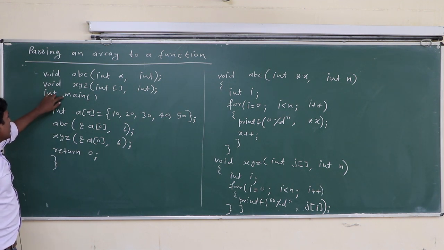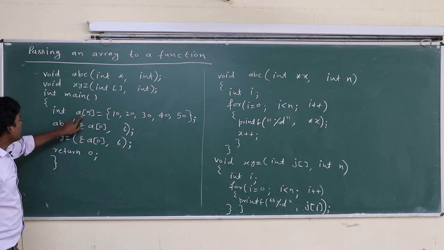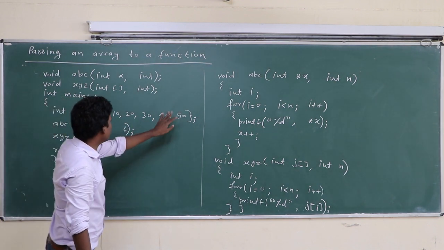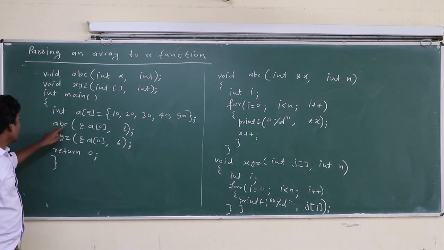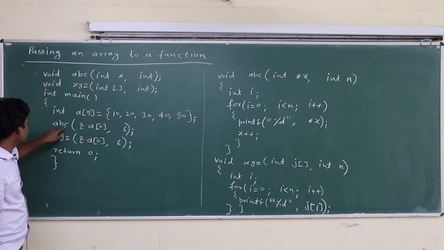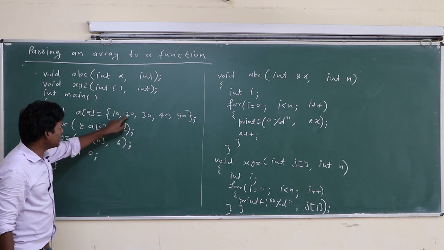Okay class, program execution starts from main, control goes to here. Here A is an array of integers in which there are 5 elements, and these 5 elements are initialized here. Okay, now main calls the ABC function by supplying the base address of this array and number of elements in this array.